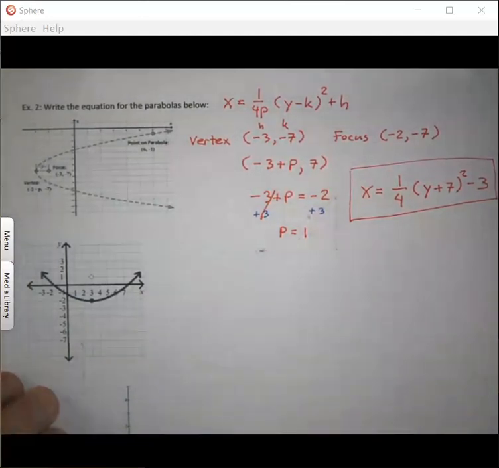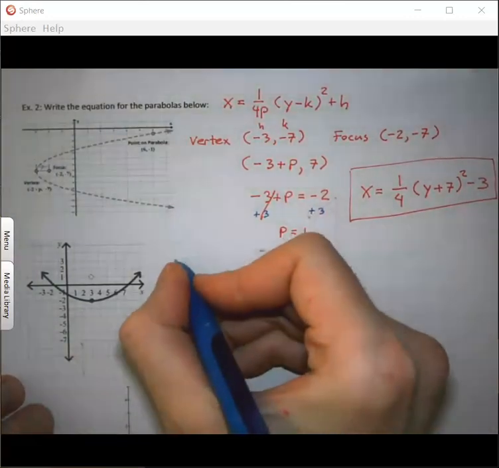For our next parabola, this one's opening up, so the proper equation to use would be y equals.